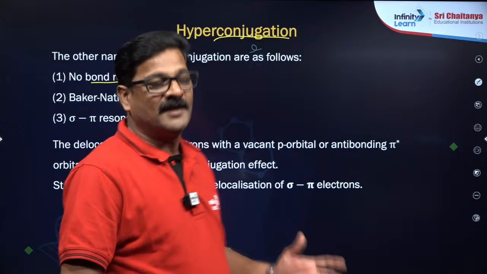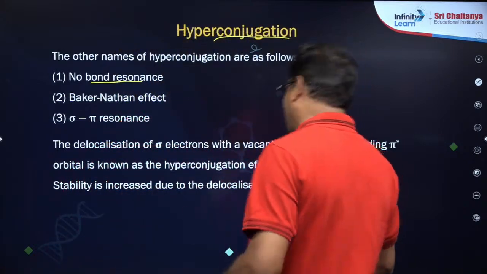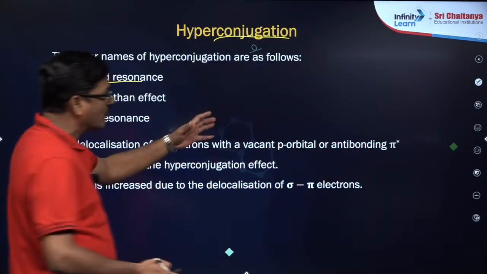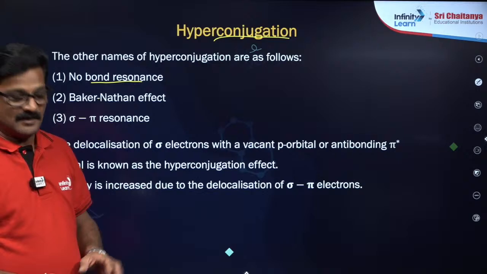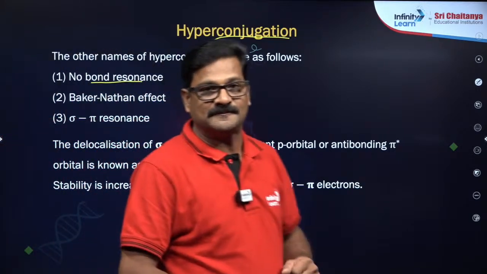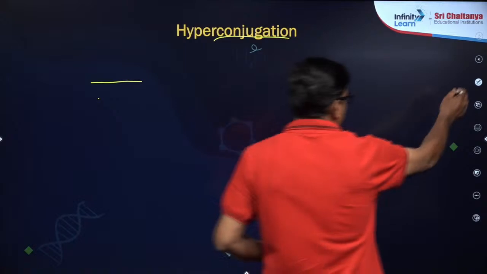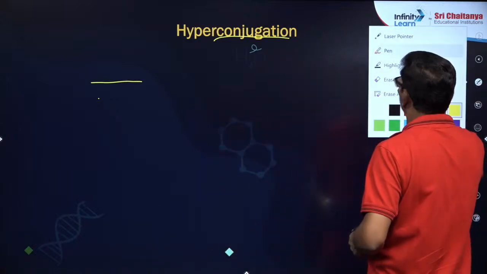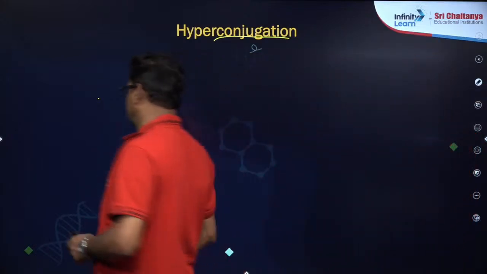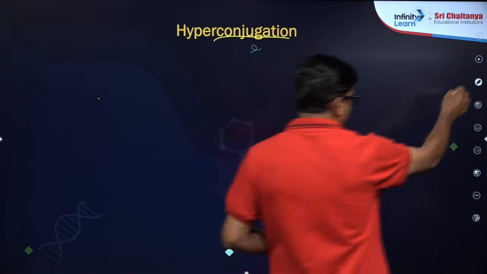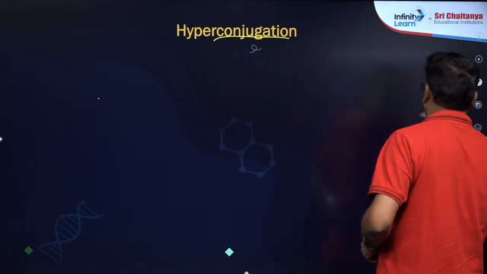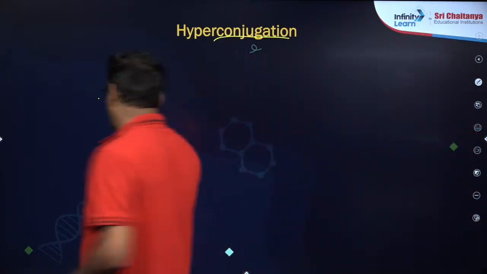So let's talk about what exactly this delocalization is and how it happens. First of all, let's see the polarization. It is found in alkenes.